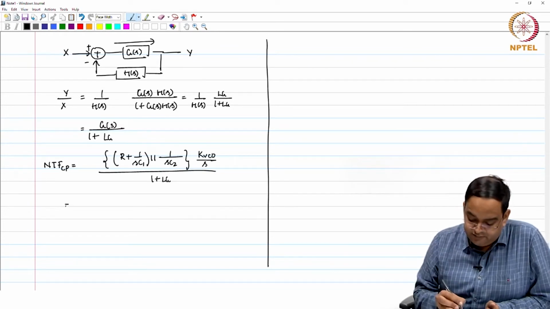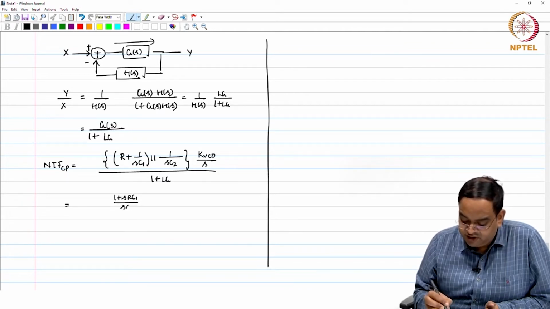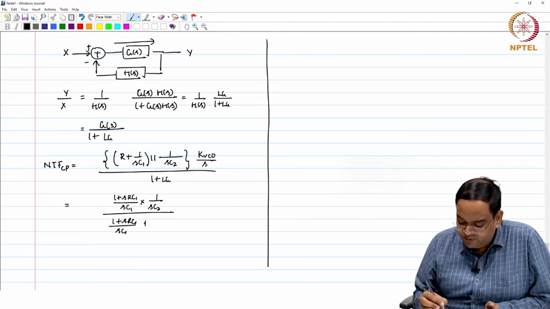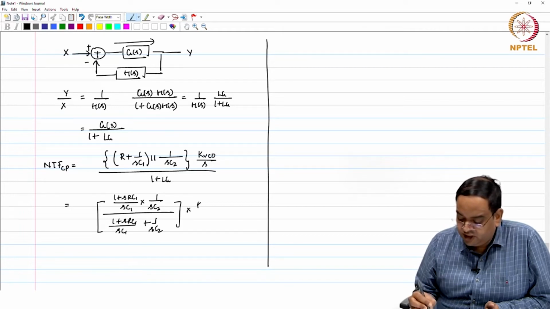So, you have this thing in parallel. So, you can write this as 1 plus SR C1 divided by SC1 into 1 by SC2 whole divided by 1 plus SR C1 by SC1 plus 1 over SC2, right. This into KVCO over S into 1 by 1 plus loop gain.